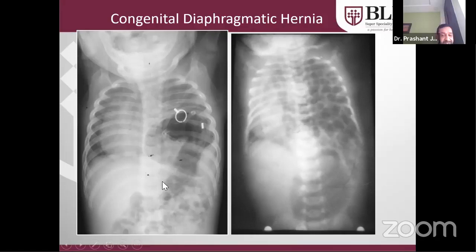As you can make out in this newborn, there's no doubt about the diagnosis, because there is continuity of the intestinal gas going into the left hemithorax. So this is a herniation of the intestinal loops in the left hemithorax.